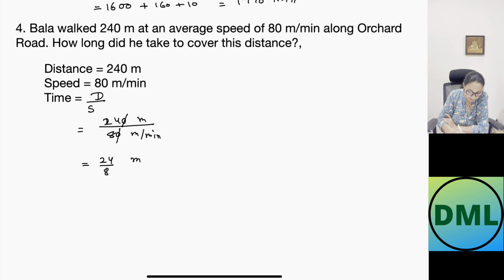This will be written as meter over meter multiplied by minutes. Minutes will go up. Meter gets cancelled with meter. 24 divided by 8. If you apply the 8 times table, 8 times 3 is 24. That will be equal to 3 minutes. My answer is 3 minutes. How long did he take to cover? Long means I need to calculate the time. So time is 3 minutes.